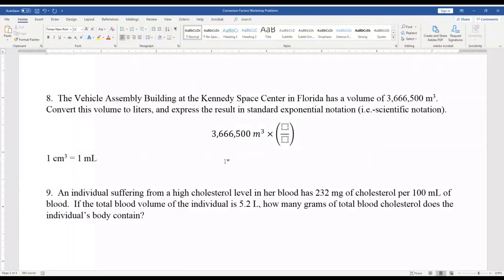So instead, scientists decided to invent this unit called the liter, and they said, well, 1 centimeter cubed, a little cubic centimeter, we're going to call that 1 milliliter.